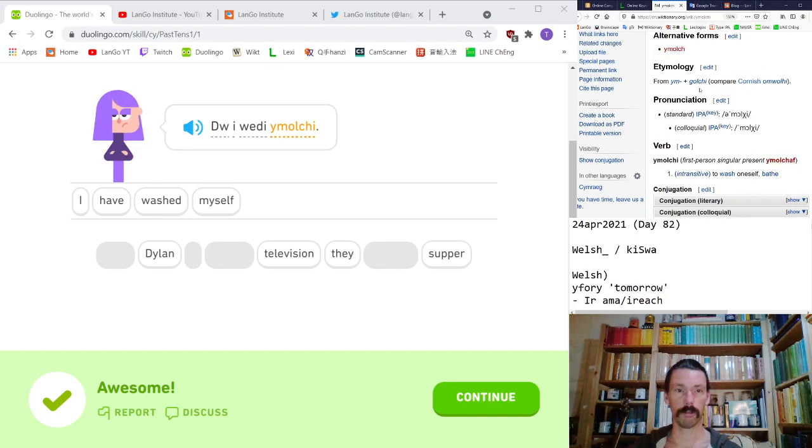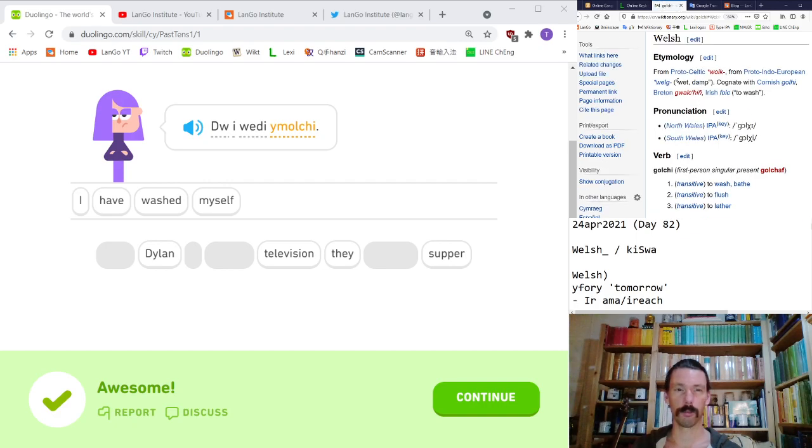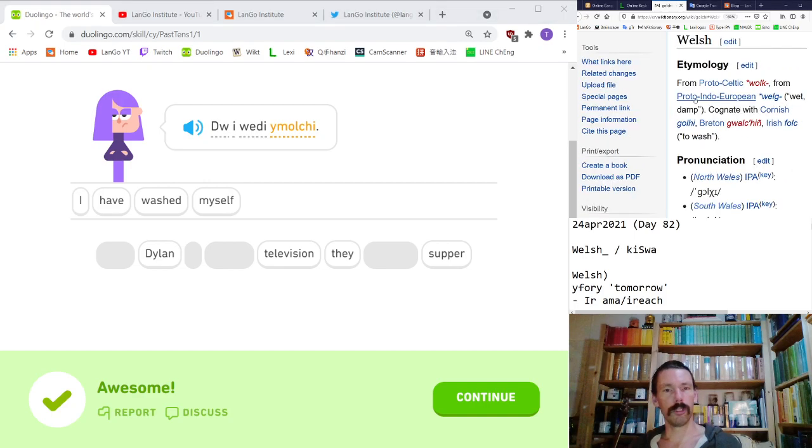Ymolchi. Oh, it's just part of the stem. Walk. Proto-European wilg. Wet, damp. Interesting with devoicing there. How'd that come about? What's the story?